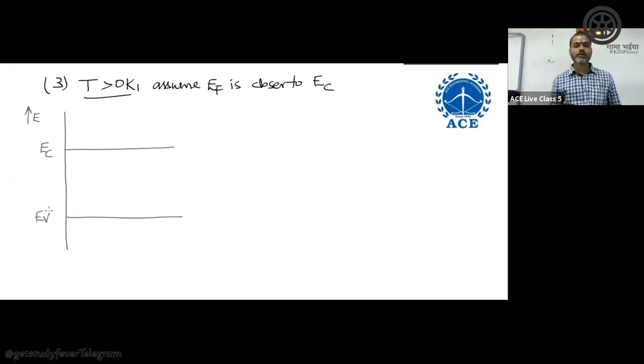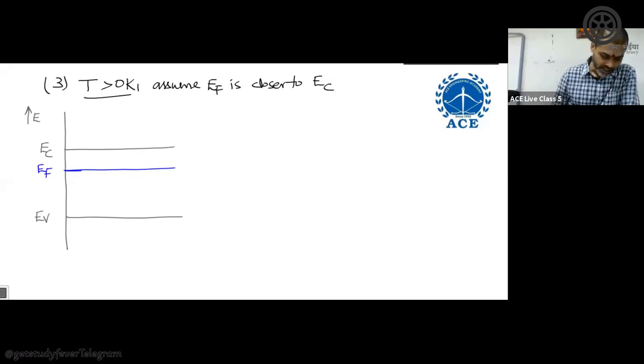Now we are representing that the Fermi energy is closer to the conduction band. Let us take this here, closer to the conduction band. Now let us indicate the density of states here. This is N of E, and this is N of E.